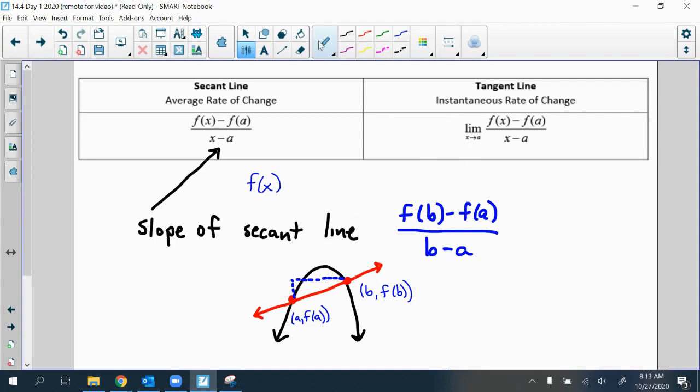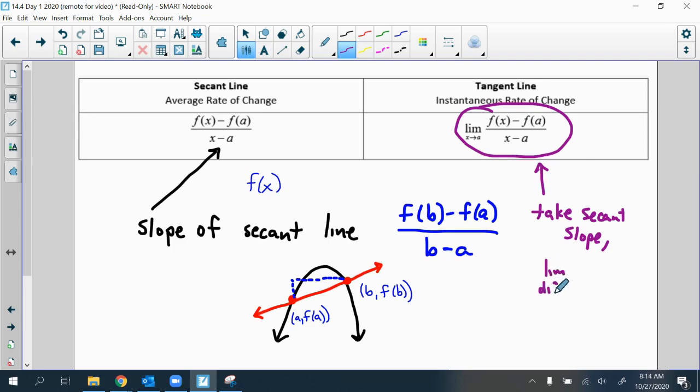Since it ends up becoming an indeterminate form, I want to take the limit of the secant line slope as those 2 points get infinitely close together. This turns the secant slope into a limit as the difference between these two things goes to 0.